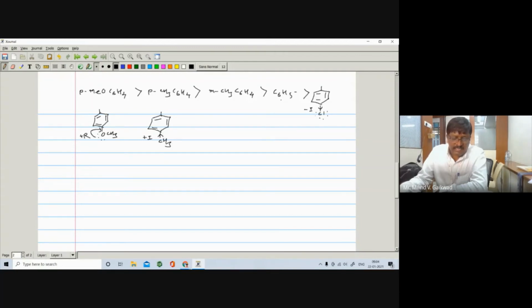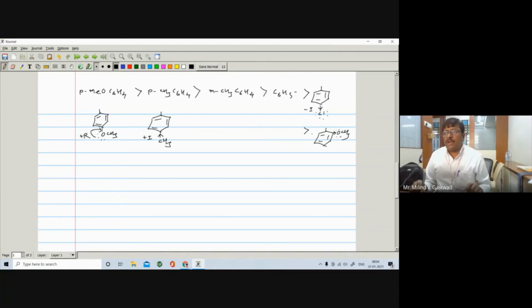That's why it is less as compared to this one, and it is less powerful as compared to when the methoxy group is at the ortho position, right? At the ortho position, OCH3, oxygen exhibits plus R, but at the same time it also exhibits the minus I effect. So in this way, we can write such migration aptitude in the Baeyer Villiger oxidation.